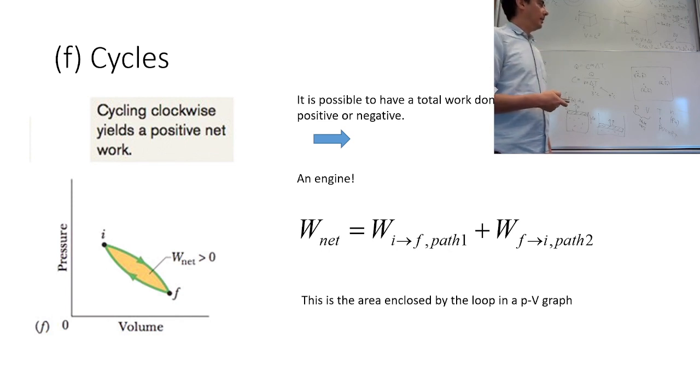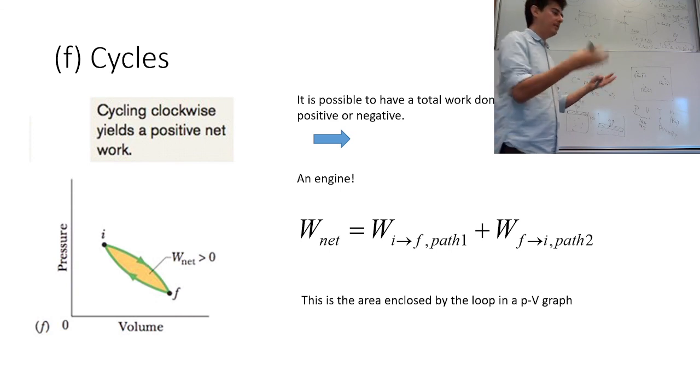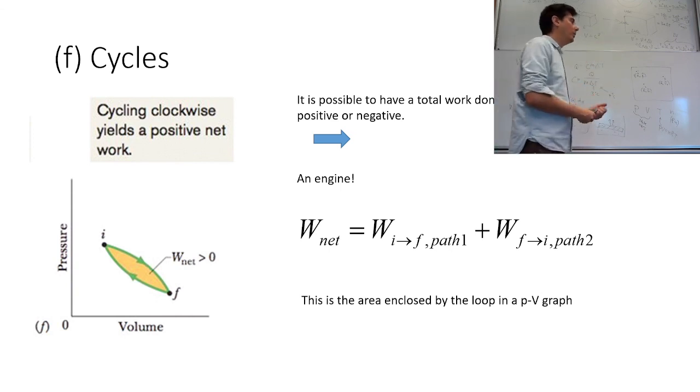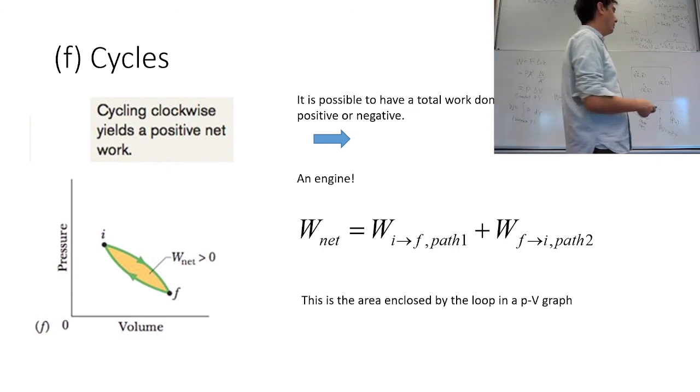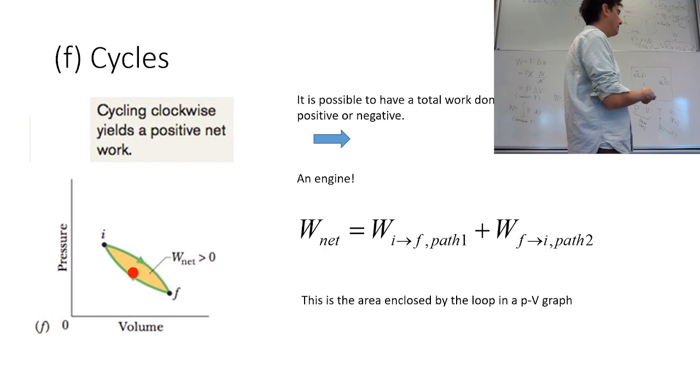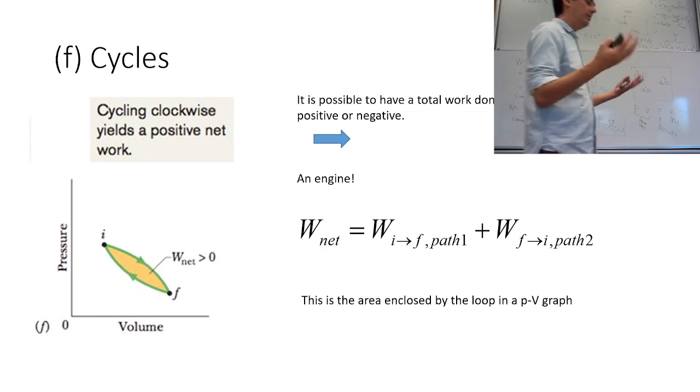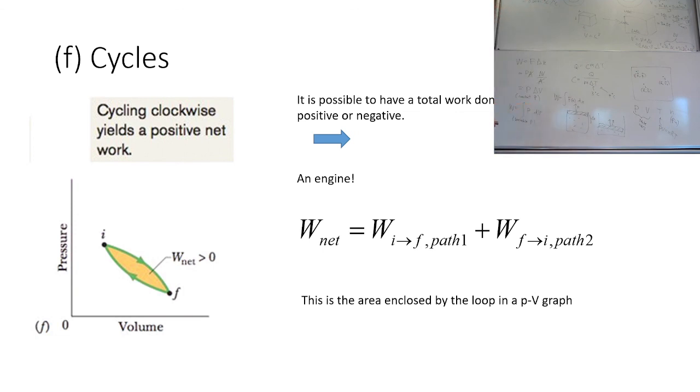So in an engine, the whole purpose is for the engine to provide some work to you, to get it to do something for you. And so in an engine, you always have this kind of loop where the work will be the amount of energy that you're gaining by building the engine.